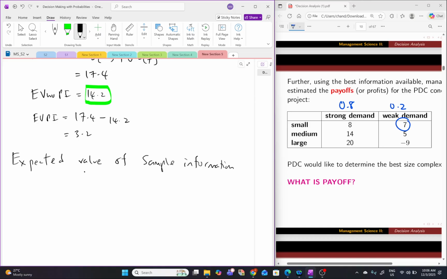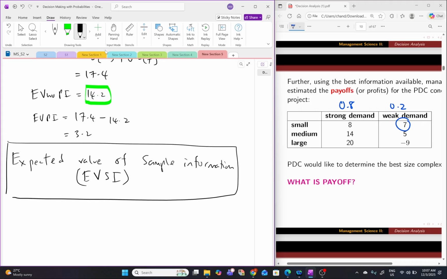Expected value of sample information, I write it as SI. Ini adalah, this is the market research. This one comes from the market research, or in other words, sample info. Ini tak tepat, ini tak perfect, ini sikit je dia ambil. Yang tadi itu tepat. For example, the previous one, perfect information, dia cover satu Malaysia. Yang ni sample je, dia cover Johor je. Okay, dia cover Johor je.